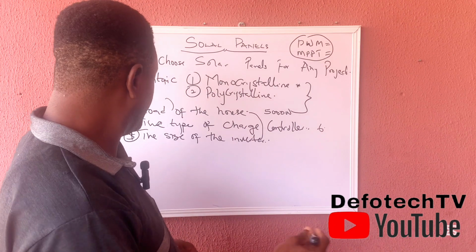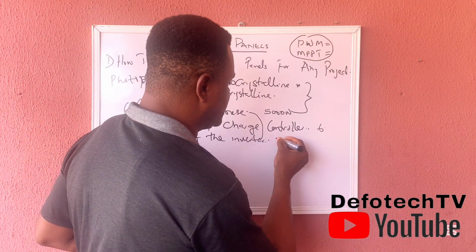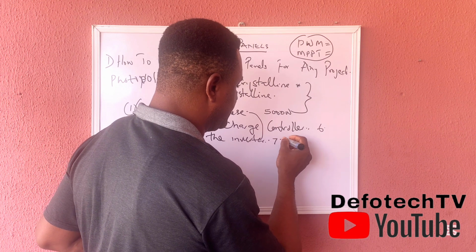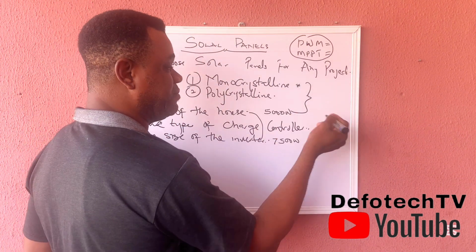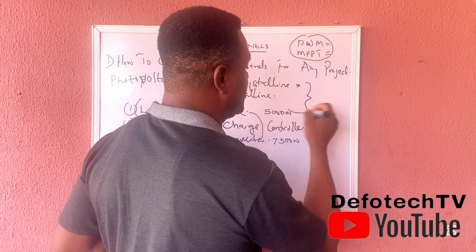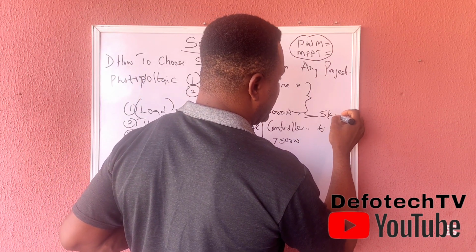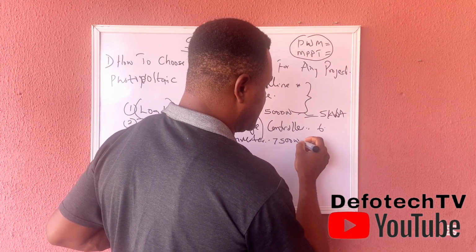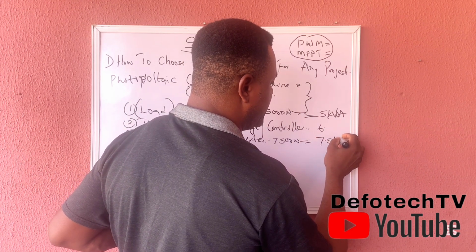If you calculate it for your inverter, you should be looking at nothing less than 7,500 watts. If you say 5,000 watts, this is also the same as 5 kilowatts. For the inverter side, this is a 7.5 kVA inverter.